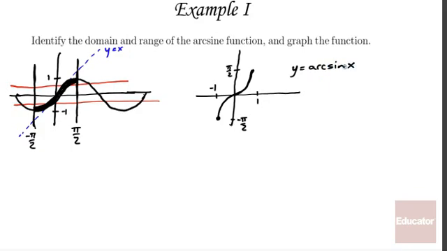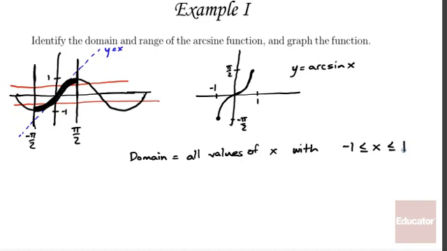So the domain here, it's all the numbers you can plug into arcsine. That's all values of x with negative 1 less than or equal to x less than or equal to positive 1.